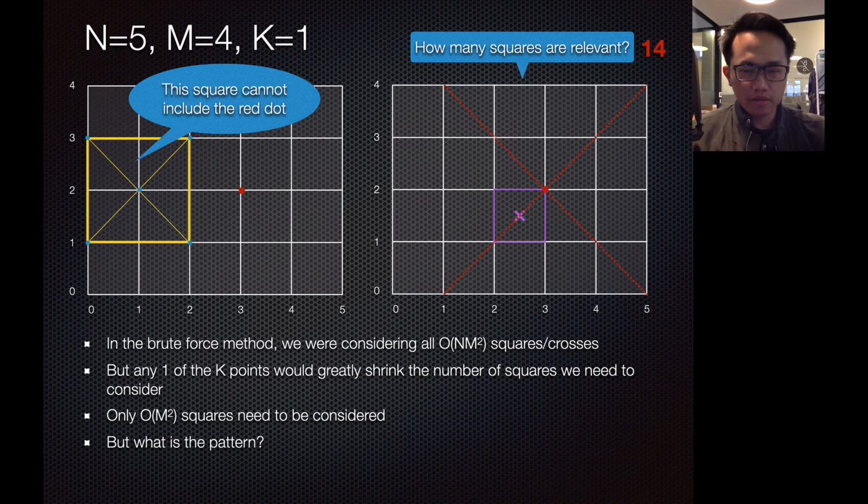Now this square is relevant. This square is also relevant. And this square too. And this also. Now can you see that for a square to be relevant, its center must be diagonal to the red dot?